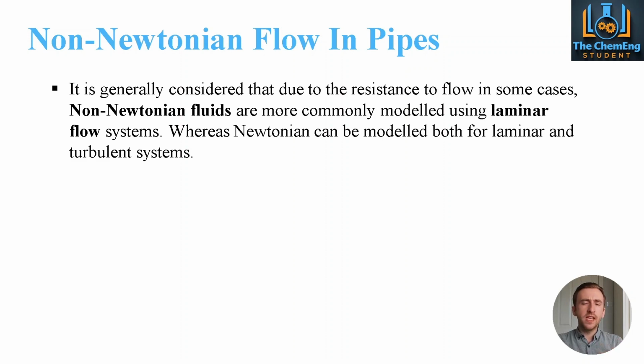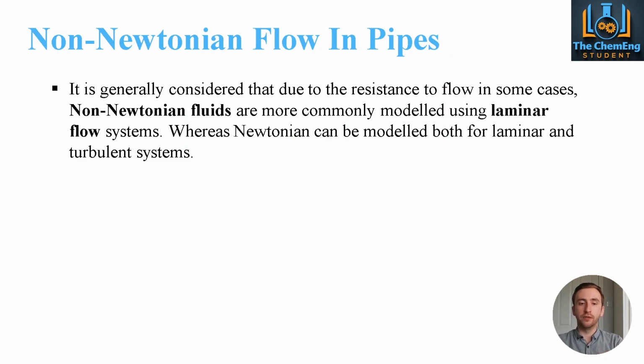Now, these types of fluids are more commonly modelled using a laminar flow system, whereas Newtonian fluids can be modelled for laminar and turbulent systems, and it's basically down to this resistance to flow. Because the apparent viscosity changes, the resistance to flow can increase or decrease significantly. But what we tend to say here is that our laminar flow system best represents non-Newtonian fluids.